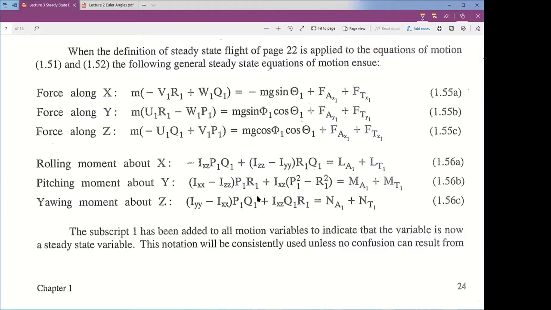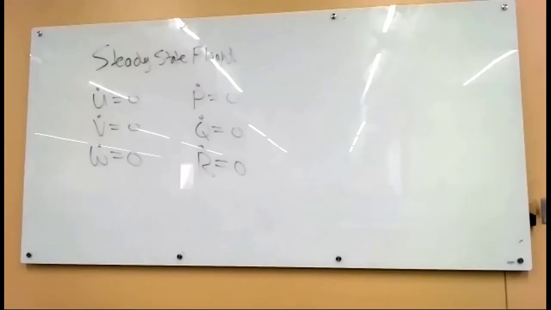There are some special cases that we can do, checking the time here. So the first special case we'll do is rectilinear flight. And so this is cruise. These equations here can handle any steady state flight, but we want to do a cruise flight condition. And so cruise looks like this.